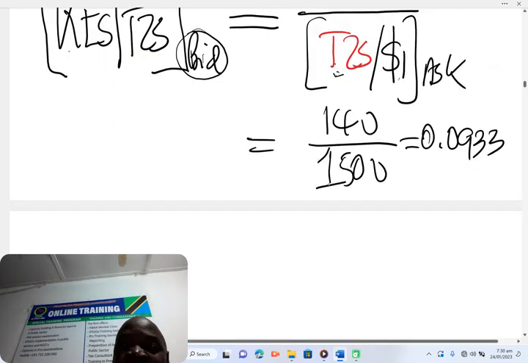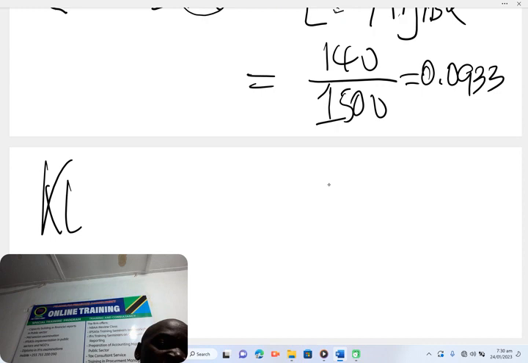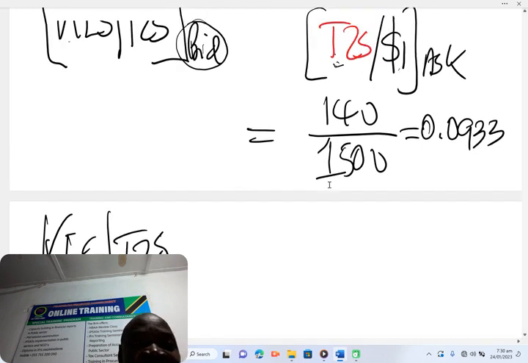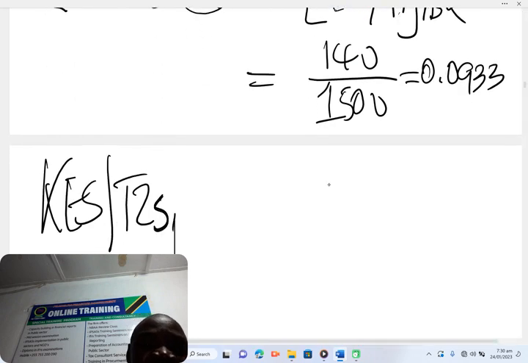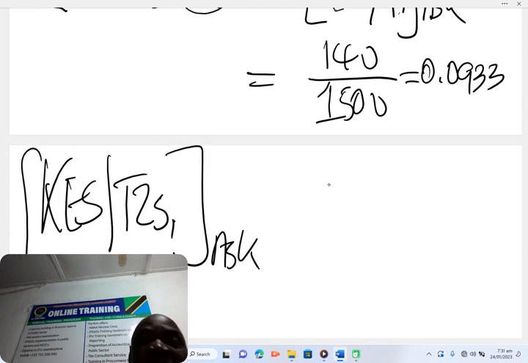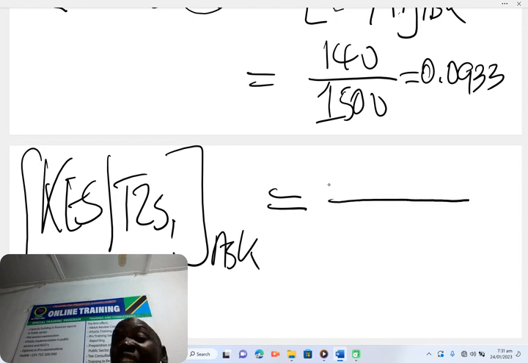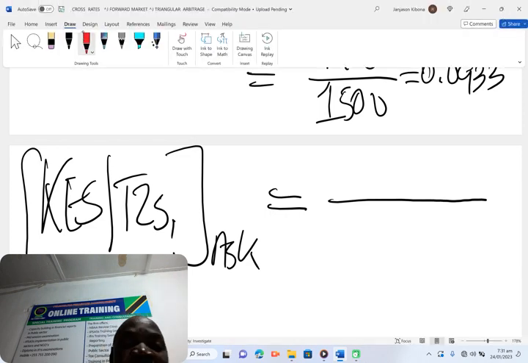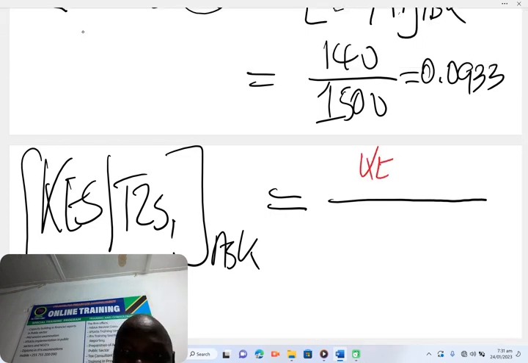So, you write Kenyan shillings per what? Tanzanian, isn't it? Again, you put this way. This is what? Ask. Is it clear? So you put the equal sign and the demarcation is here. In red, you write Kenyan first, and then you write Tanzanian.